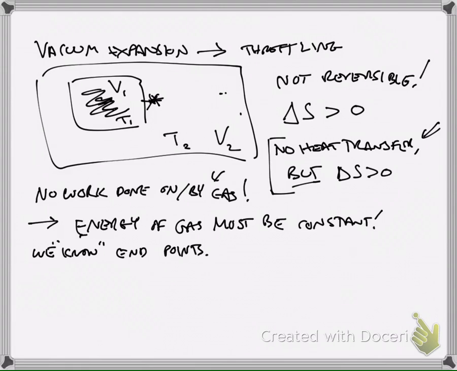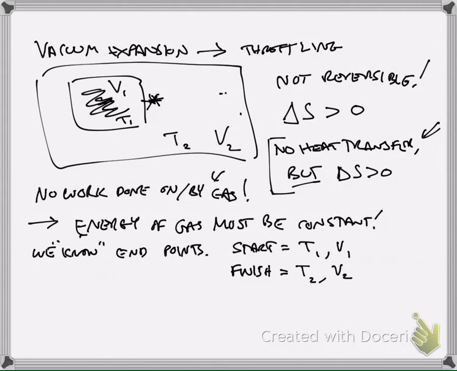We know the endpoints. The start is in equilibrium at T1 and V1. The finish is in equilibrium at some currently unknown T2 and some final volume V2. But we're in equilibrium in both cases, right?